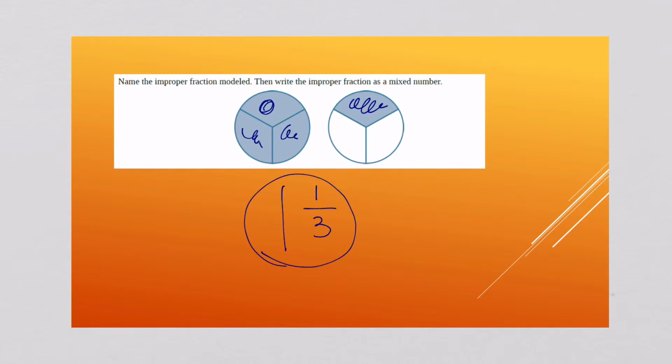So this would be 1 1/3. Incidentally, it also asks you for the mixed number. We just gave you the mixed number. This is your mixed right here. Okay, your improper is 1, 2, 3, 4, and each pie is cut into 3 pieces. So this is your improper right here.